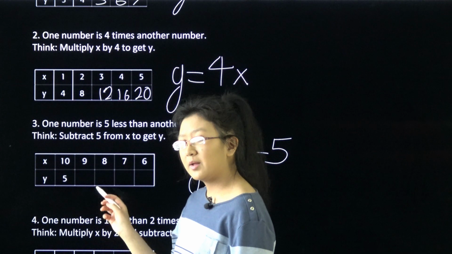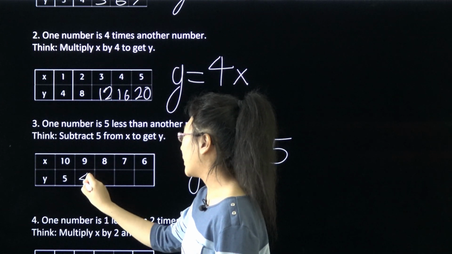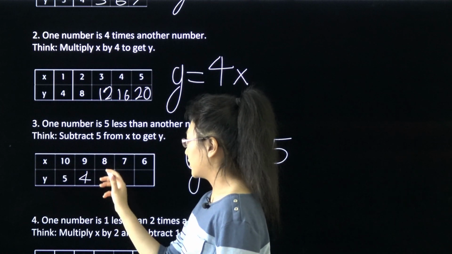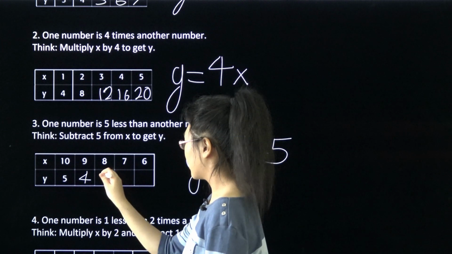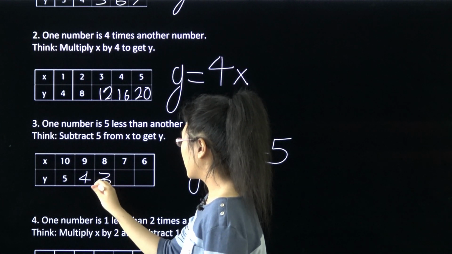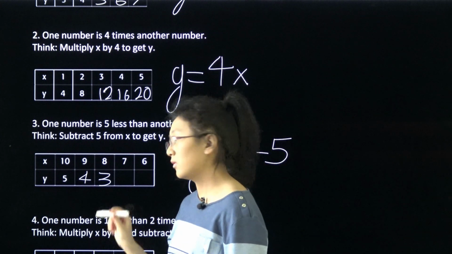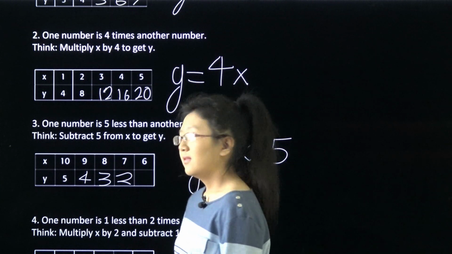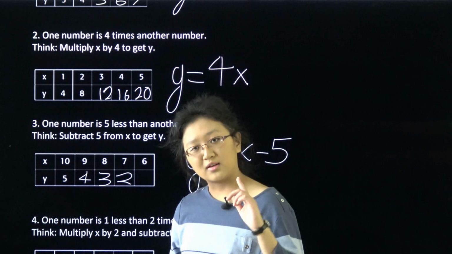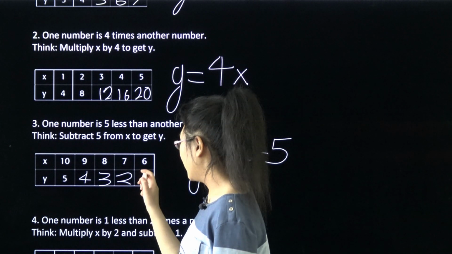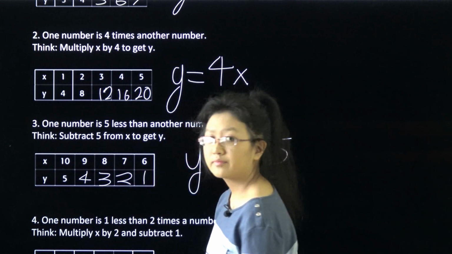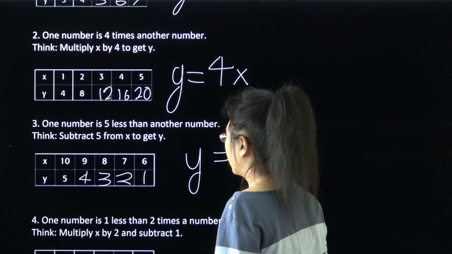X equals 9, 9 minus 5 is 4, y equals 4, x equals 8, 8 minus 5 is 3, y equals 3, x equals 7, 7 minus 5 equals 2, y equals 2, x equals 6, 6 minus 5 is 1, y equals 1. We've completed that table.